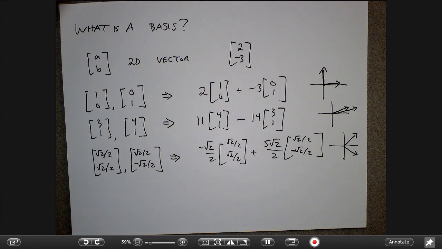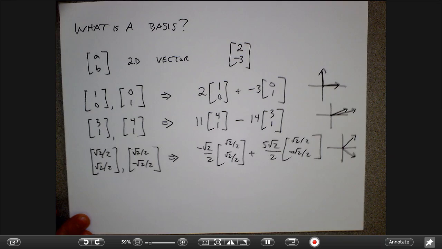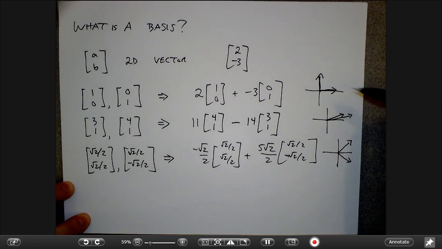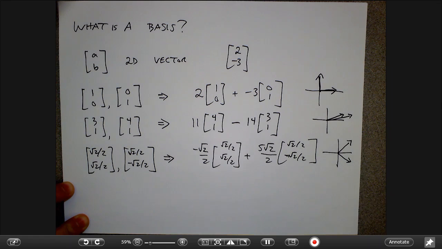Whenever you did calculus type stuff, like when we went from polar coordinates to spherical coordinates to Cartesian coordinates, all that stuff was basically a change of basis. In many cases, we prefer this kind of change of basis, where all I'm doing is rotating the coordinate system to make the coordinates more favorable.